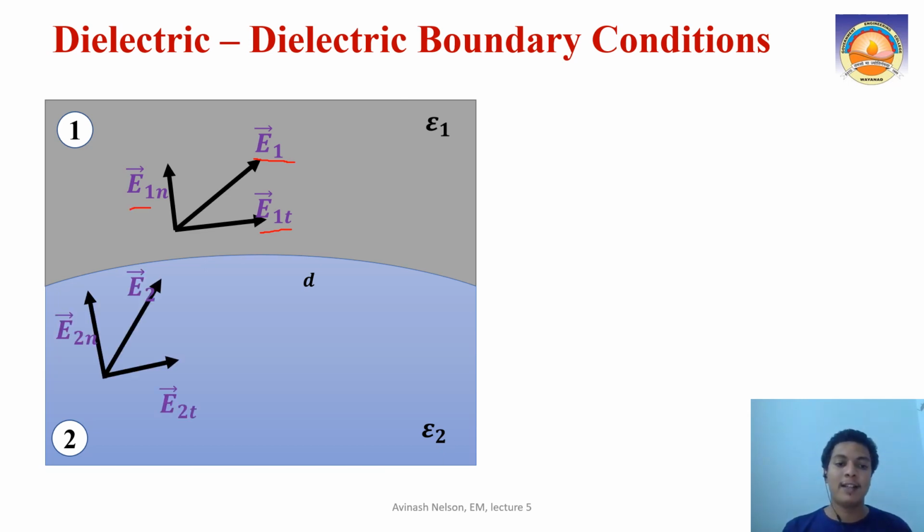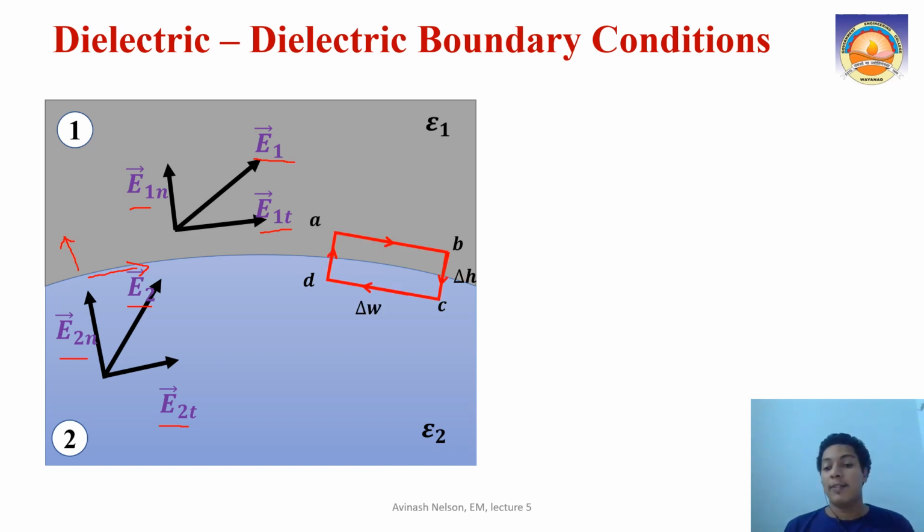Similarly, you will have a vector E2 in medium 2, which you can decompose into E2t and E2n, the tangential and normal components. Tangential means tangential to the boundary between the two mediums, and the normal component is normal to that boundary, okay, clear?